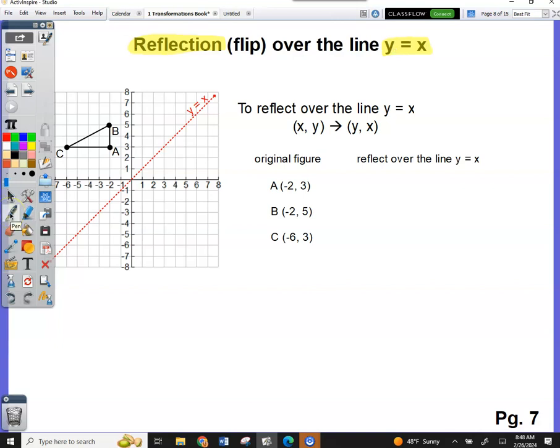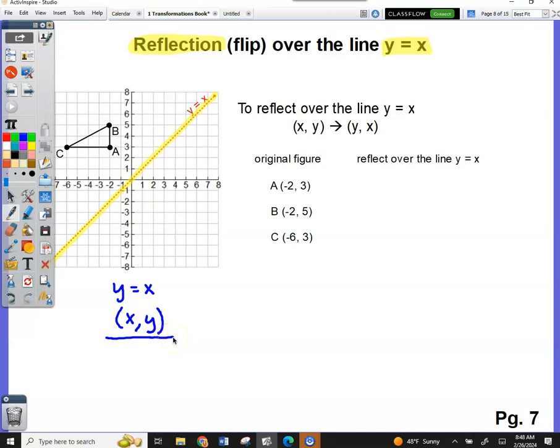The equation of the line y equals x runs right here where this red is on mine. If you want to take your highlighter and highlight it, that would help. The way this line comes about, and I would not recommend you plot these points, just watch me as I do it. Y equals x means that whatever x is, y is the same.